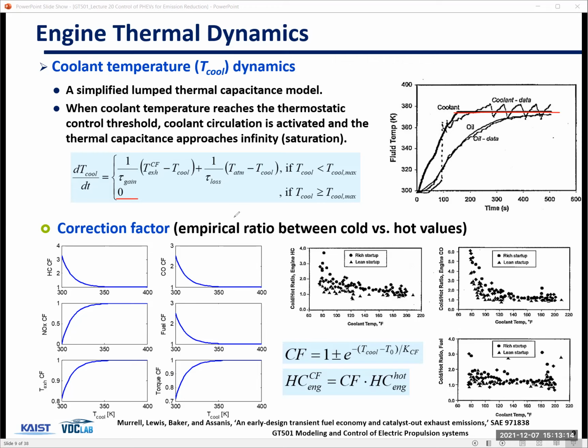And then there's a correction factor that corrects the hot value into a cold value, if it's cold. As you can see, when coolant temperature is cold, you have some correction values.